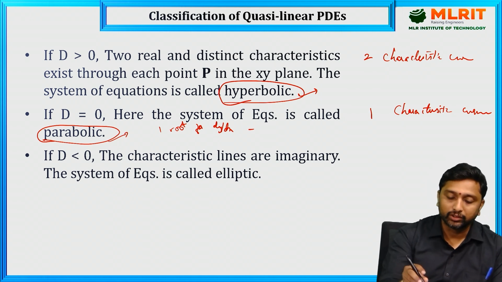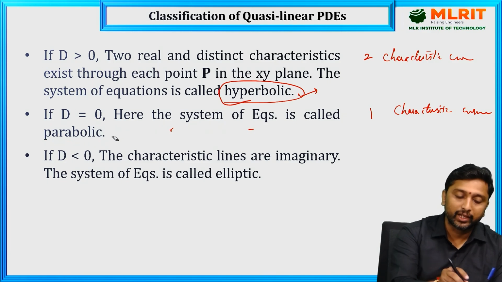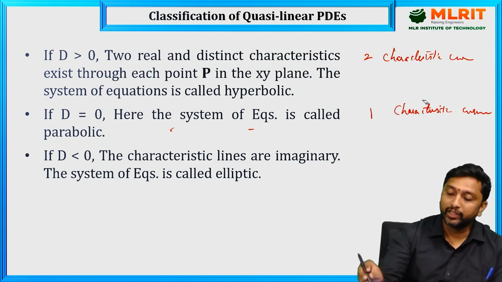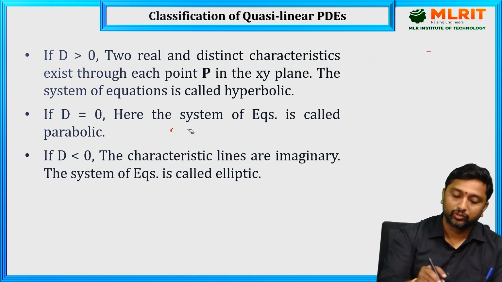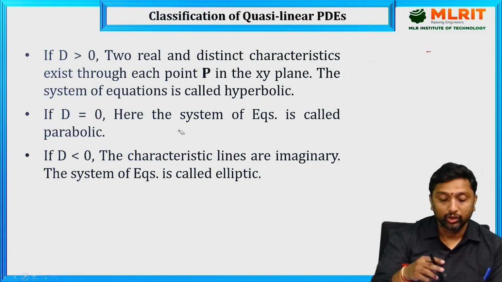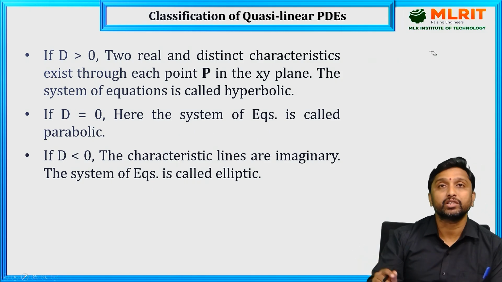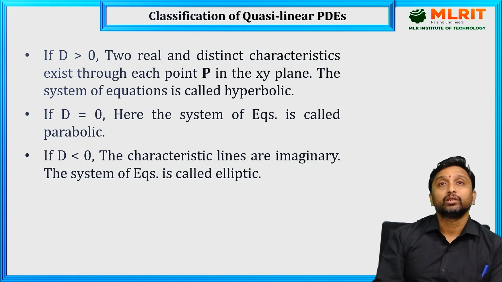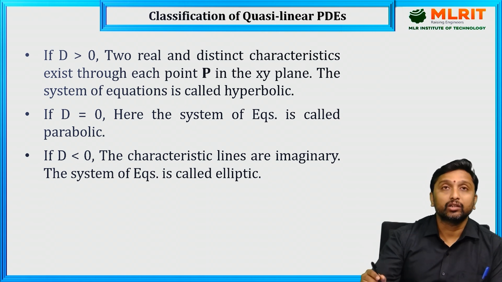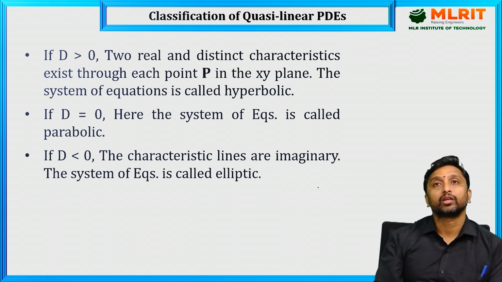Now the third case, when d is less than 0, that means d is on the negative end. So the roots are complex or imaginary. For these kind of equations we call them elliptic equations, and you cannot predict proper characteristic curves.